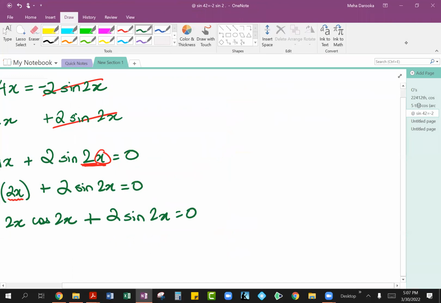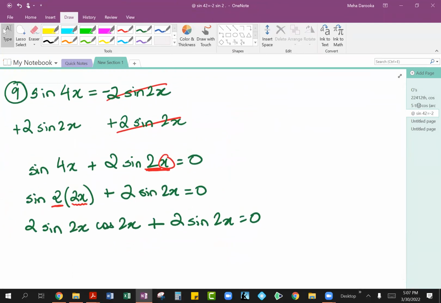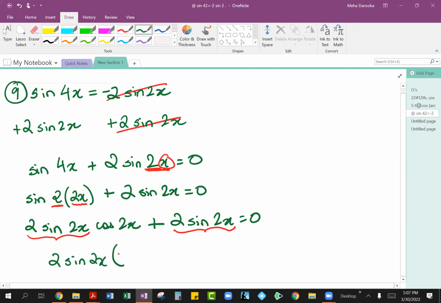Let's clear this out. So the reason I'm doing that is because I'm noticing that on the left-hand side, I also have 2 times sine of 2x, so I can actually take those out as our greatest common factor, and that might help us in simplifying this. So we'll factor that out, 2 times sine of 2x. On the first part, you will be left behind with this cosine of 2x.